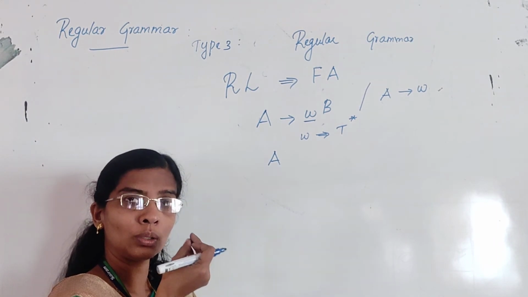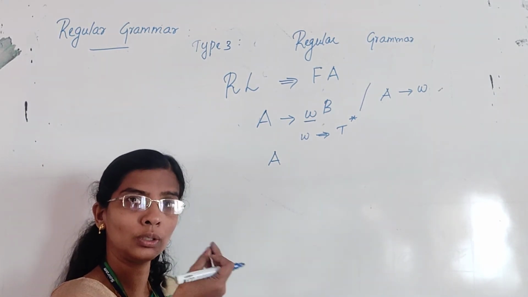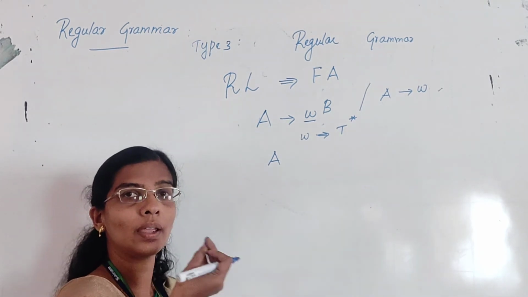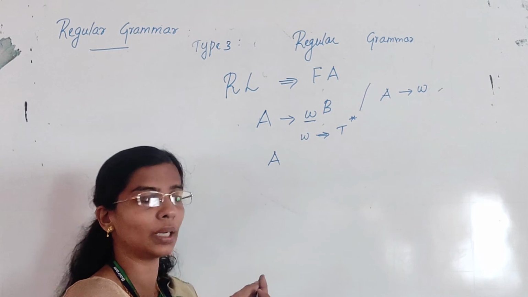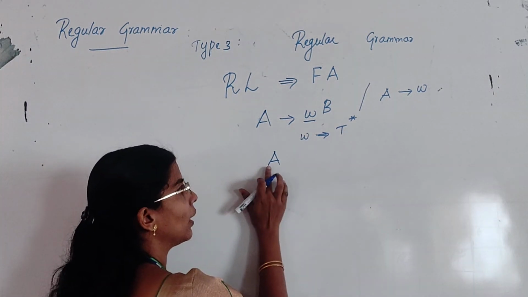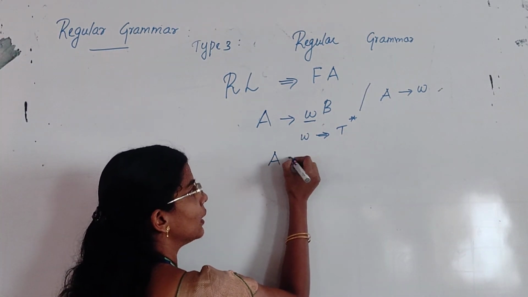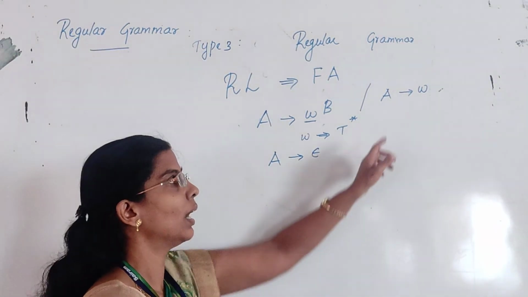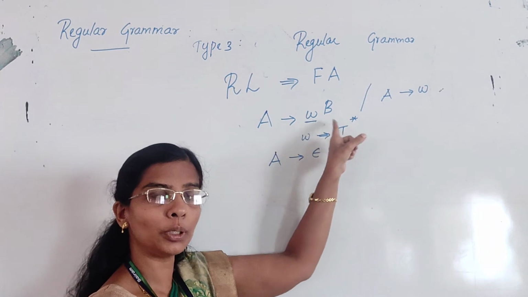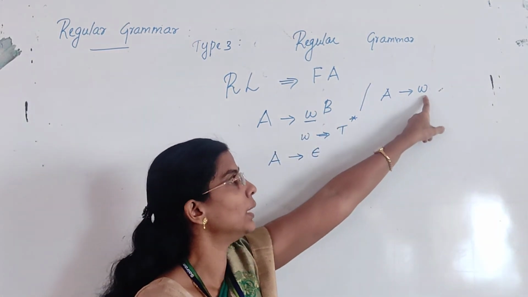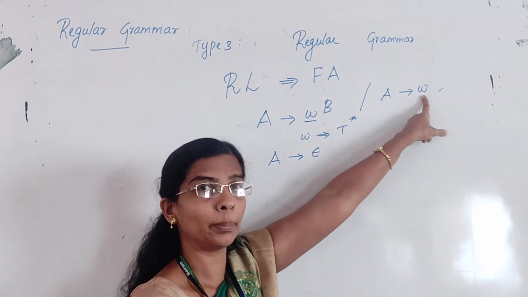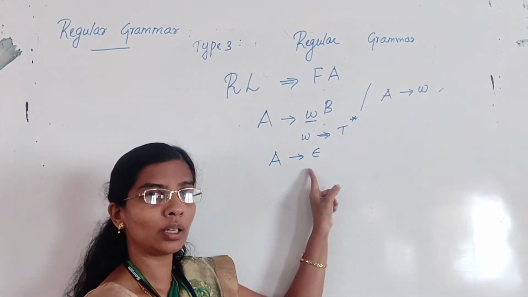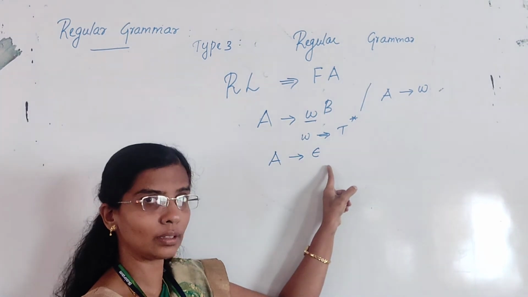Small letters, numerals, digits, identifiers, operators, everything comes in terminals. As I said, A tends to WB or A tends to only W. W is a collection of terminals, W is T star. You know epsilon is a terminal, so I can have it like this.